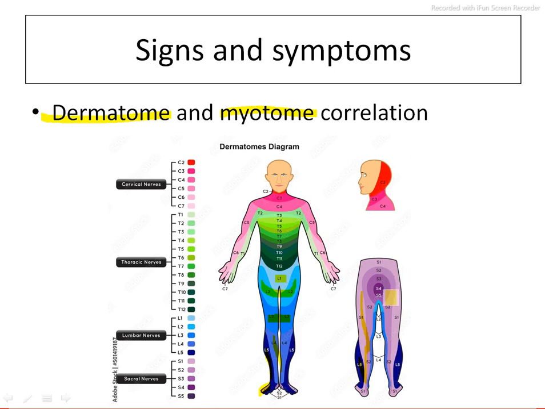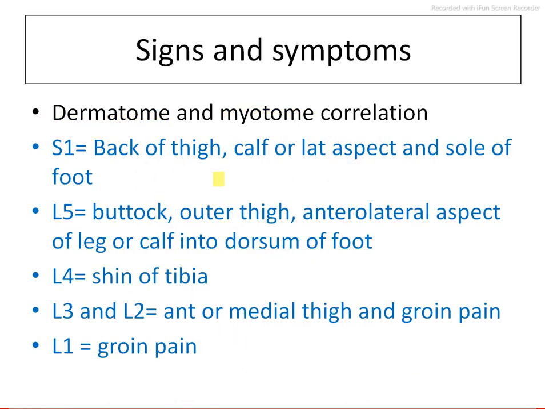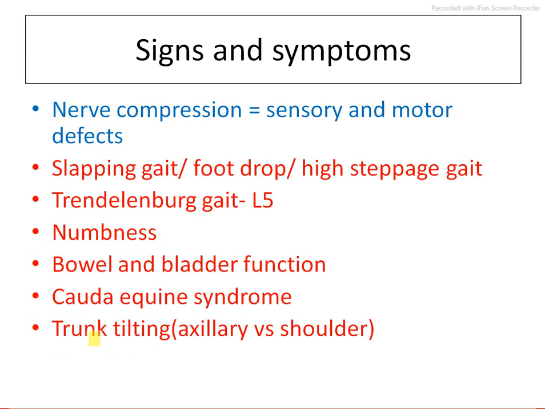So you can see here. In this way, you need to memorize your dermatome and myotome, and on the basis of this, you can have clinical correlation. So you see here, suppose there is pain, and S1 is the predominant nerve root being involved, then pain at the back of the thigh, calf or lateral aspect, and sole of the foot. So similarly, L5, L4, L3, L2 and L1 you can study.